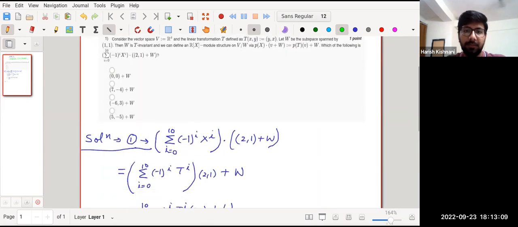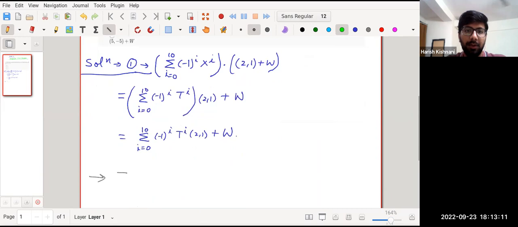So yes, we were looking at what this T does with an element. So see, T is just interchanging of coordinates. So let me pick an arbitrary element. What T does with (x, y), it just gives you (y, x), as per the definition.